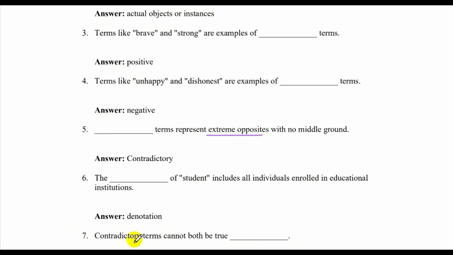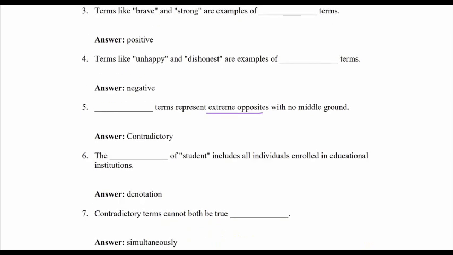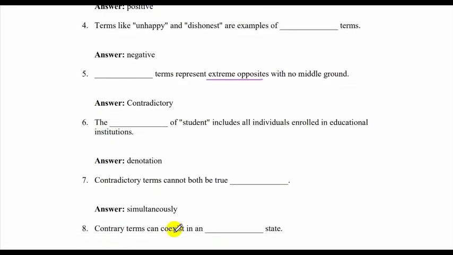Contradictory terms cannot both be true simultaneously or at the same time. Correct. Contrary terms can coexist in an intermediate state.